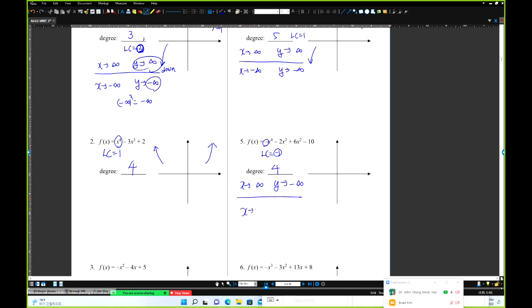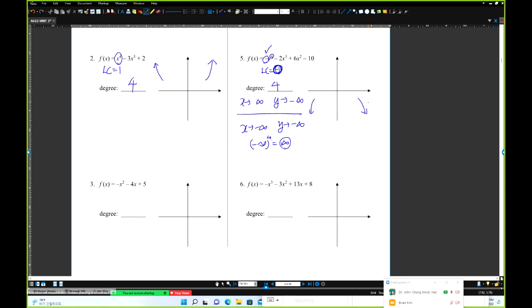When x goes to negative infinity, the fourth power is still positive infinity, but we still have a negative leading coefficient, so y equals negative infinity. Since 4 is even, it's the same direction, but it depends on this number. If this is negative, both down. If this is positive, both up. That's the formula, okay? This is negative and even degree, so both will be down. We already know that.